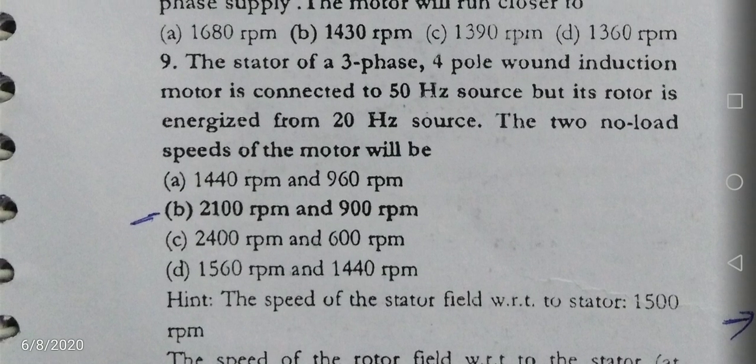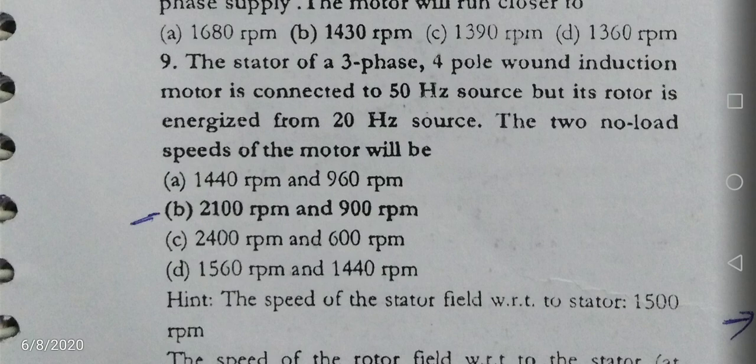So the stator of a three phase 4 pole wound, that means slip ring induction machine, is connected to a 50 Hz source. So the Ns value is 1500, but its rotor is energized from a 20 Hz source.